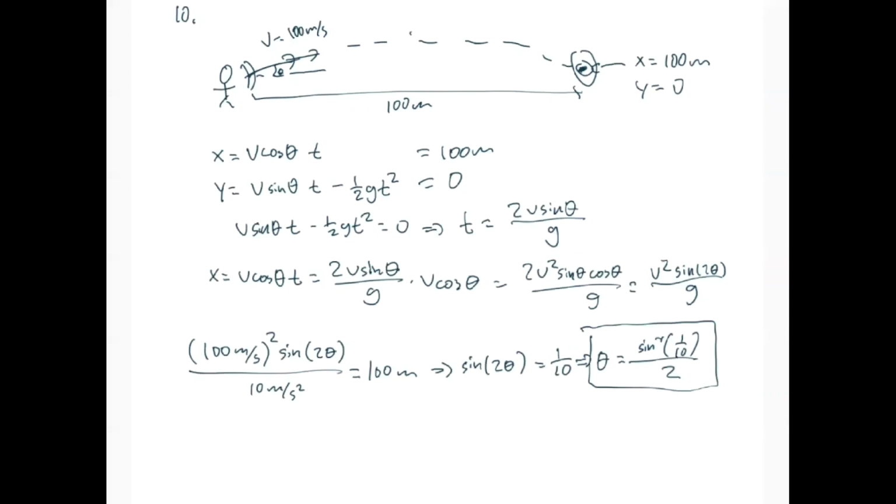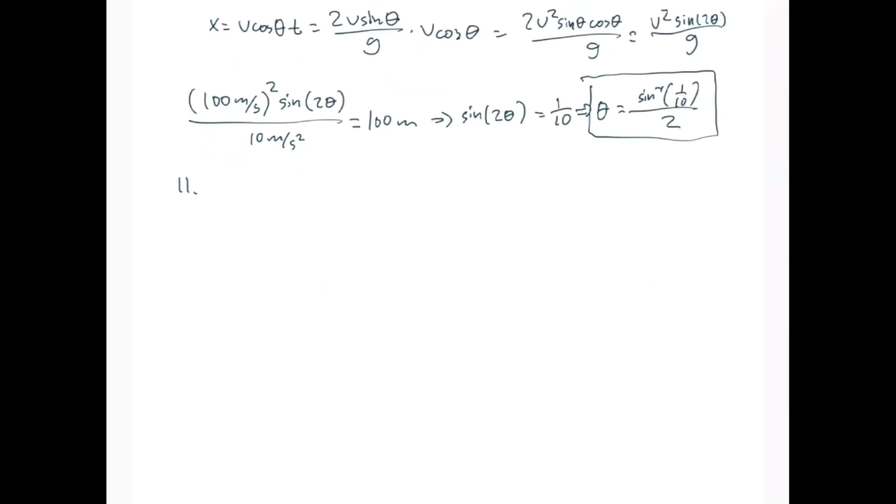Now let's move on to number 11. Number 11 actually uses mostly the same formulas as this question. So number 11, we also have a projectile. It's fired upwards, and it lands a distance h from its starting point.